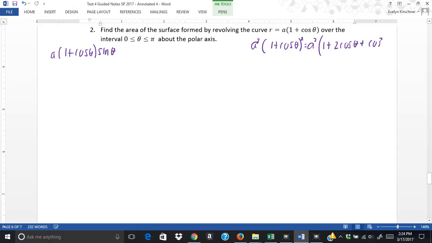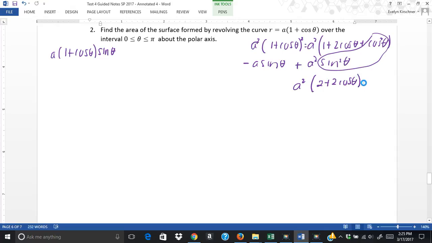plus cosine squared theta. The derivative of this is negative a sine theta. Squared is a squared sine squared theta. And if I add these two together, I have a squared on the outside, and I have 1, and this equals 1. So I have 2 plus 2 cosine theta, or 2a squared times 1 plus cosine theta.